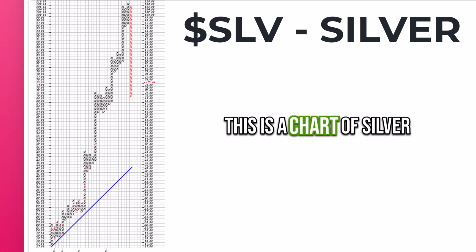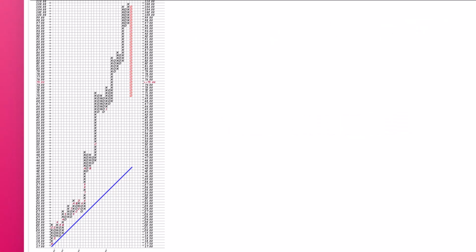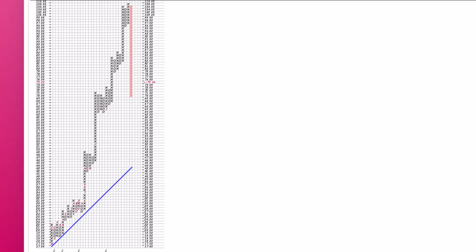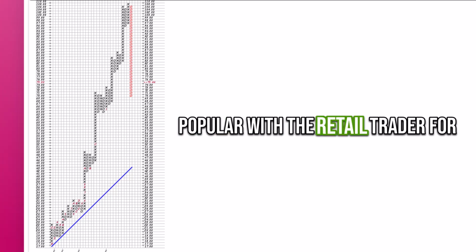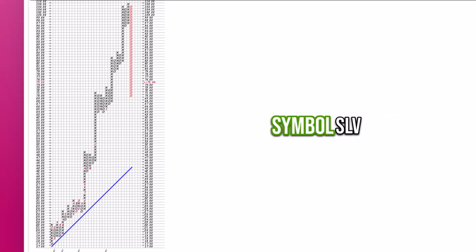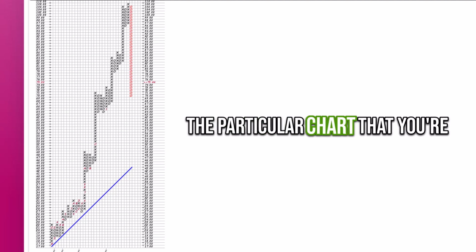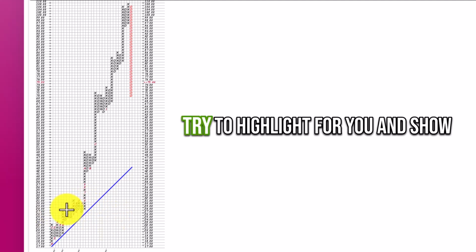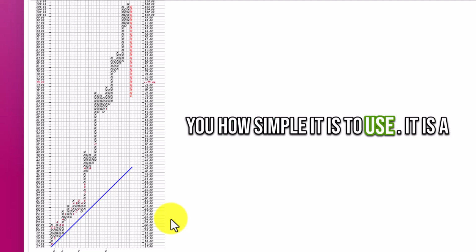This is a chart of silver, in particular the ETF, the exchange traded fund, popular with the retail trader for buying or investing in silver, symbol SLV. The particular chart that you're looking at, I'm going to try to highlight for you and show you how simple it is to use.